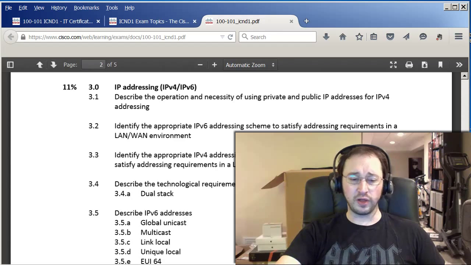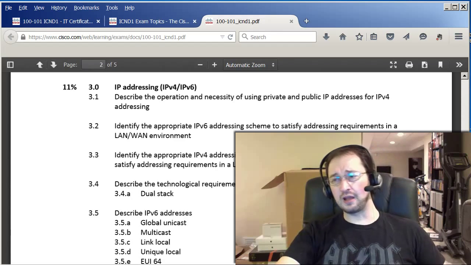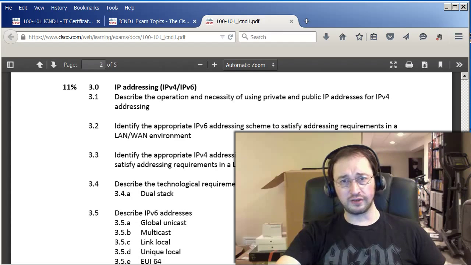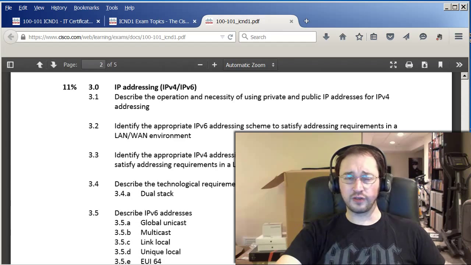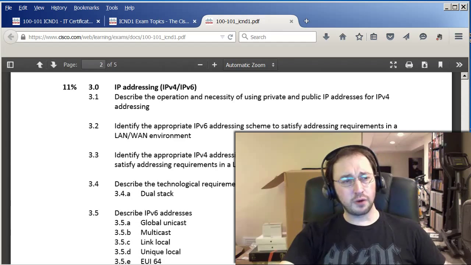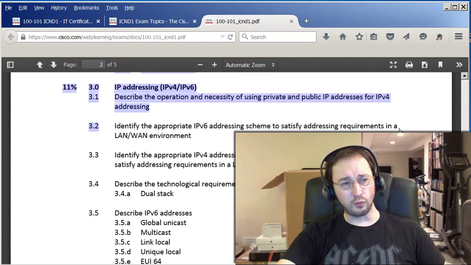So for example, a class A would be anything from 1 through 127. Class B is 128 through 191, etc., etc. So that's pretty straightforward.